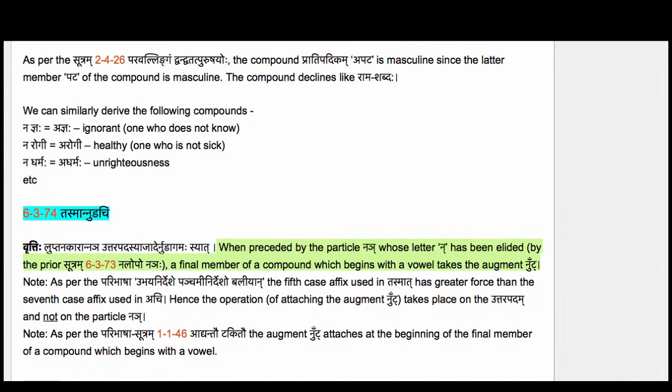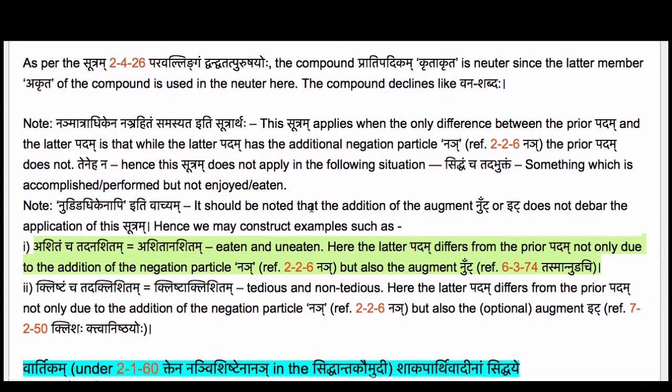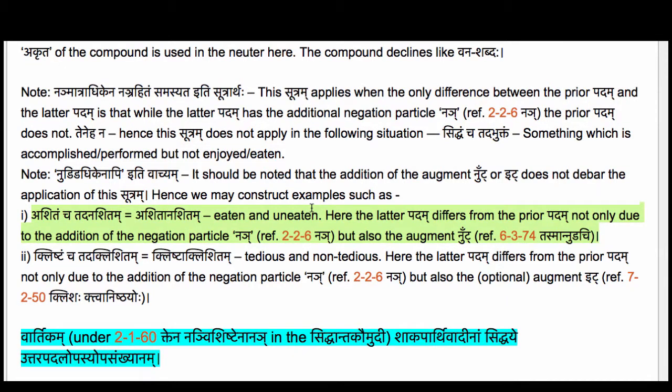In the present example, the uttarapadam is anashita su. In the form anashita, we see that there is the negation particle nyai followed by ashita. After removing the ending it letter nya of nyai and after applying 6-3-73 na lopo nanyaha to remove the letter na of nyai, we get a ashita.